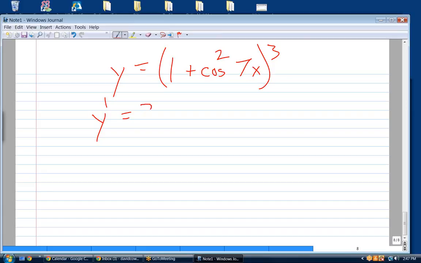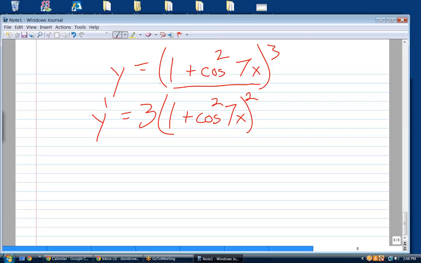So just 3 times the quantity squared. And the first big inside. So, because we have the cosine squared, does that just make the first big inside 2 cosine of 7x? Yes, and then we have 2 little insides. We have that's one more inside and that's one more inside.